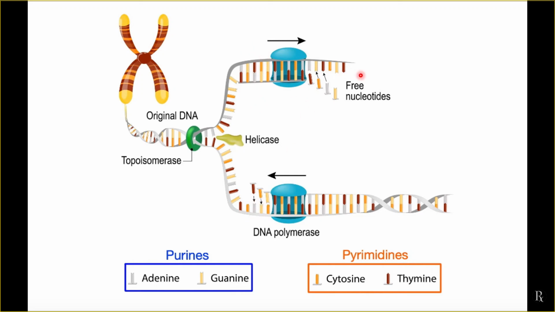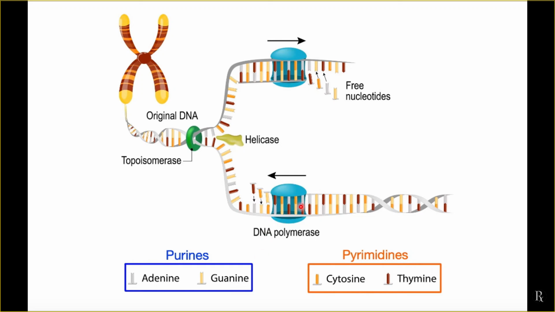Then on each strand, the second complement strand is produced from the free nucleotides by the DNA polymerase, another enzyme that is required.